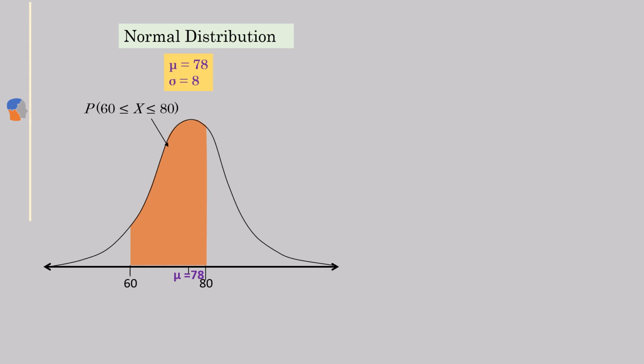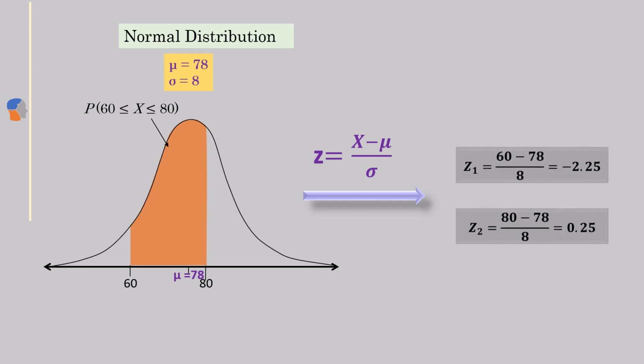Again, to find the z values for these two numbers. Because there are two numbers here, 60 and 80. So z1 and z2. Z value for x equals 60 is negative 2.25. For x equal 80 is 0.25.